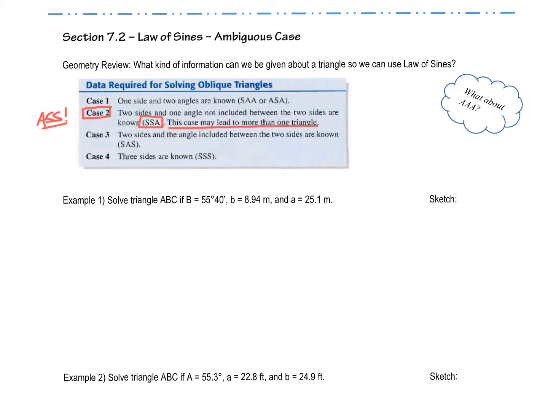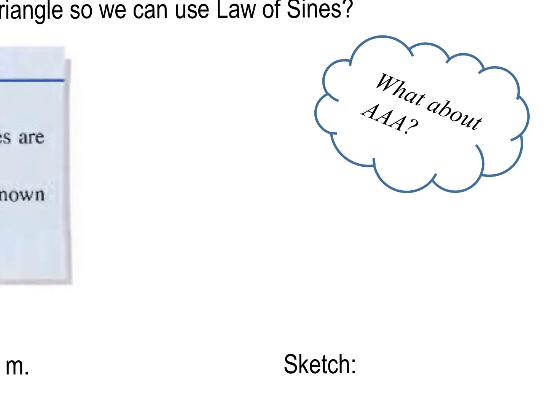The other thing I want to remind you of is this AAA case. In this case, I can draw a triangle with 50 degrees there, 60 degrees there, 70 degrees there. Remember, they must add up to 180.